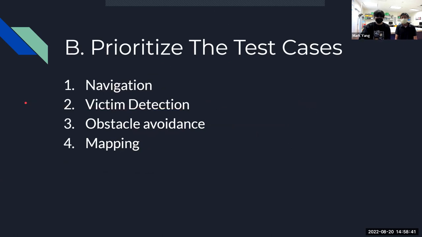So when prioritizing the test cases, I want to say that it's not saying that none of these are important. It's just that to complete some of the later issues, you need to have these completed first. For example, to complete mapping, you have to be able to navigate through the entire maze first with accuracy, so you get a high score in mapping.